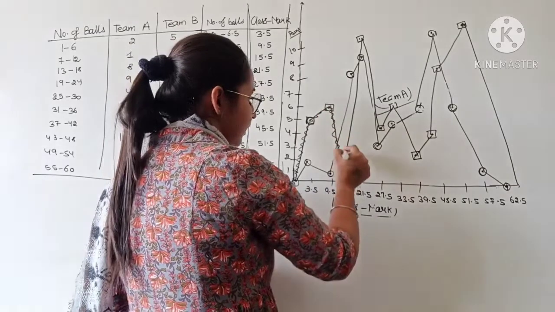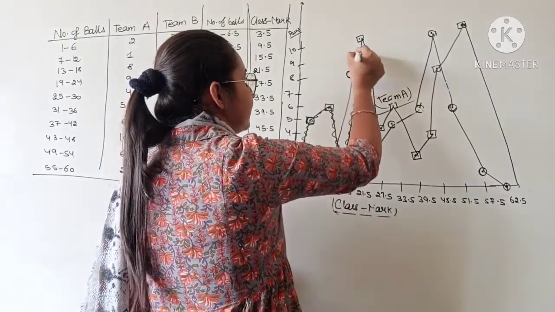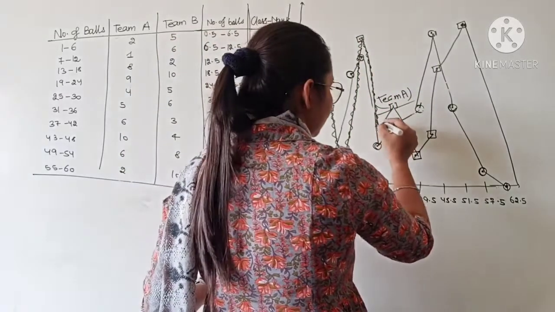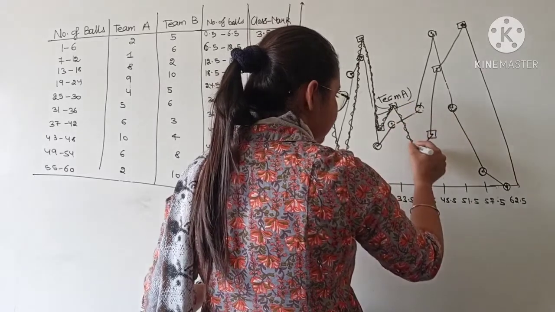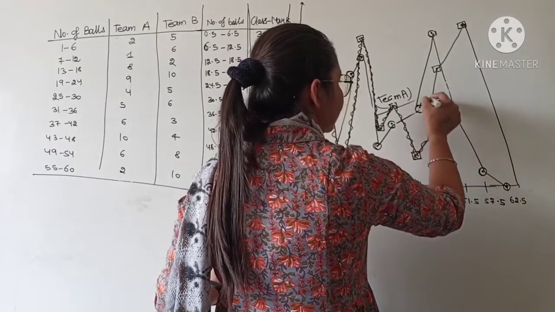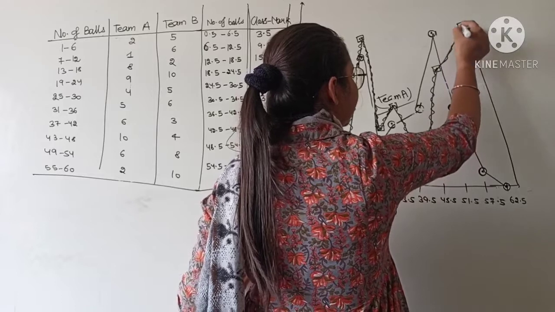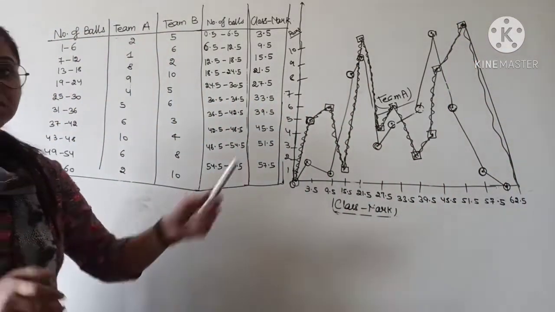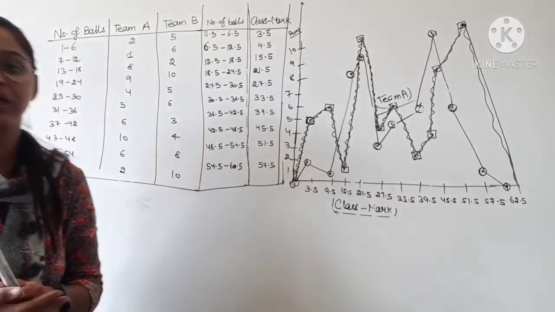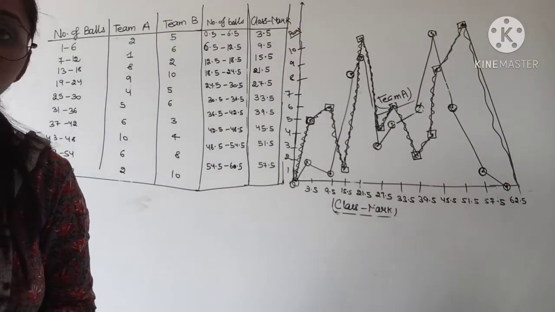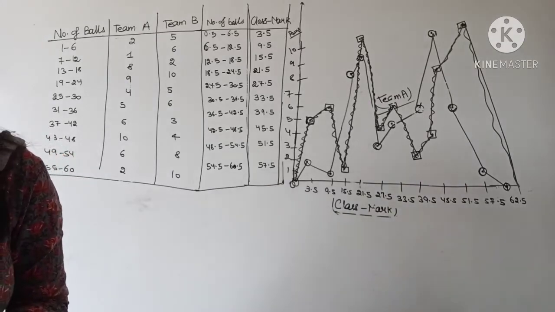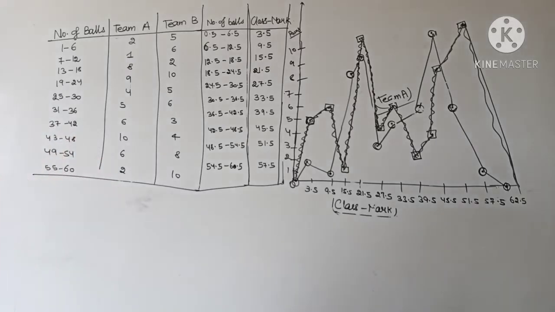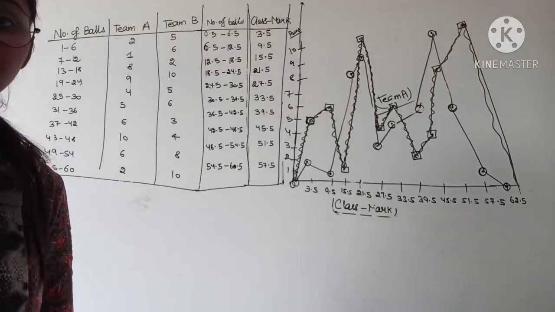My suggestion is that you use different colored pens for drawing the frequency polygon for team A and team B, so that things will not be mixed up. So team A frequency polygon is here, team B frequency polygon is here. That is, we are able to draw both of the frequency polygons on the same graph paper. So this is all about question 7, that we present the data of both the teams on the same graph by frequency polygon.